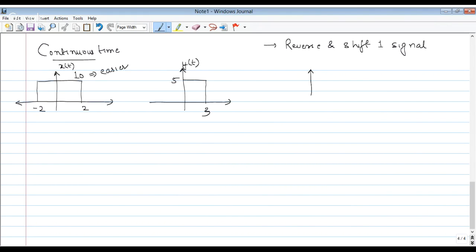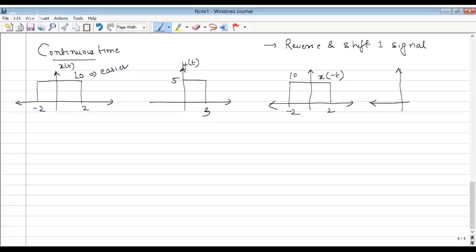So what I'll do is I will draw x of minus t. It will remain the same signal. Then I'll do x of t minus tau, so it will be, sorry, x of minus tau.